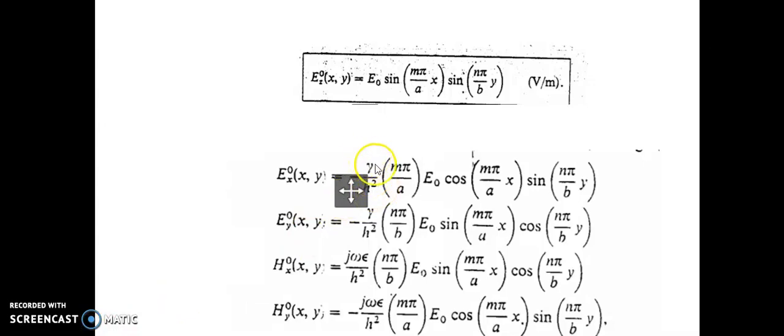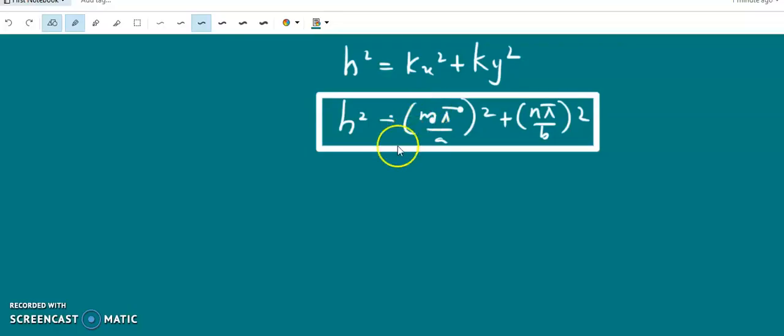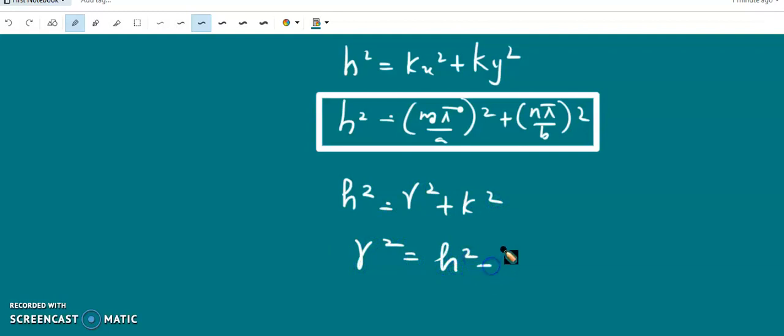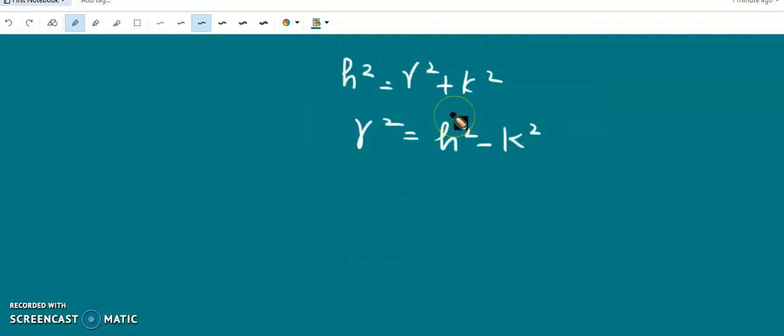So here we know that gamma is the propagation constant. In terms of gamma, h square is written as gamma square plus k square. So the propagation constant gamma square is nothing but h square minus k square. Substituting the value of h square from here, this is the value of h square for a rectangular waveguide.